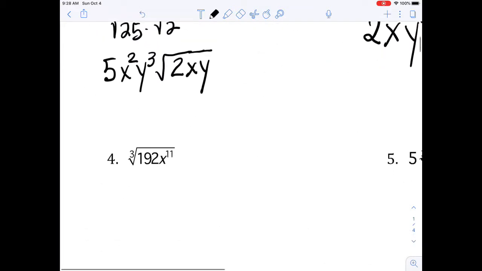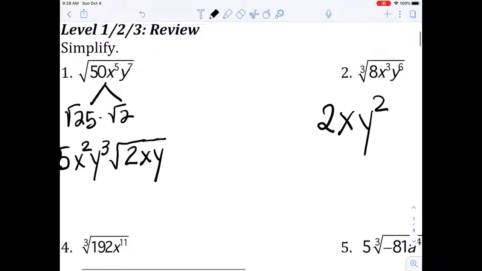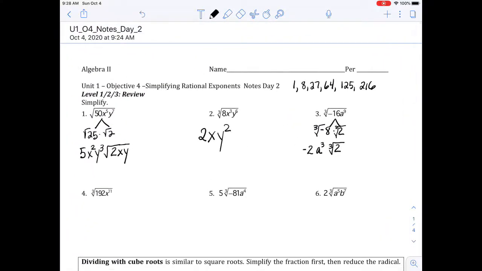Cube root of 192x to the 11th. Okay, so 192, I don't know if that is a perfect cube. I'm looking at my 1, 8, 27, 64, 125, and I'm thinking no. But I'll take that 192 and I'll start dividing it by the perfect cubes. So divide by 8. 192 divided by 27. 192 divided by 64.